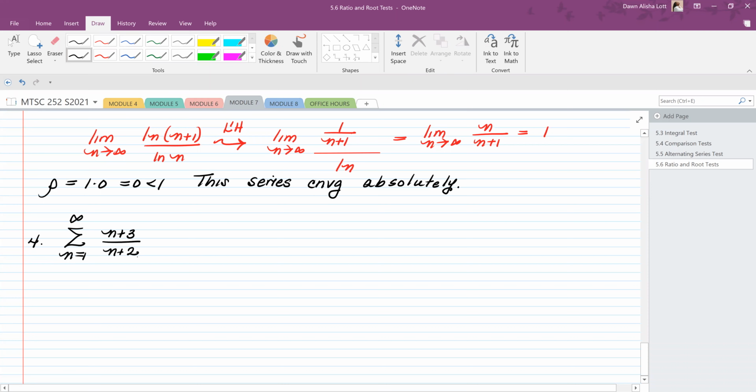All right, so if I'm not smart enough to figure out to use the nth term test of divergence, which is what I should use here, if I try the ratio test, I'm going to get rho is equal to 1. And so the ratio test will be inconclusive.